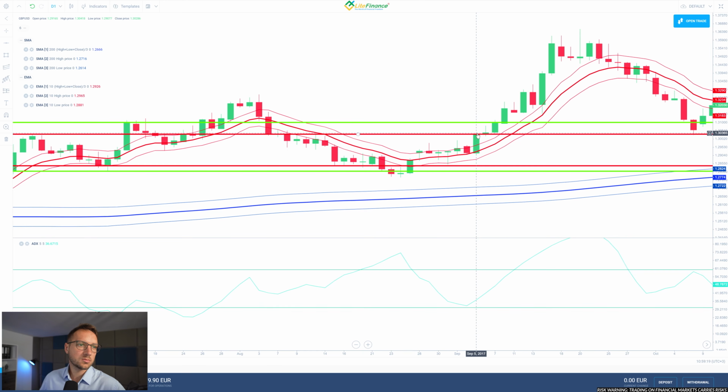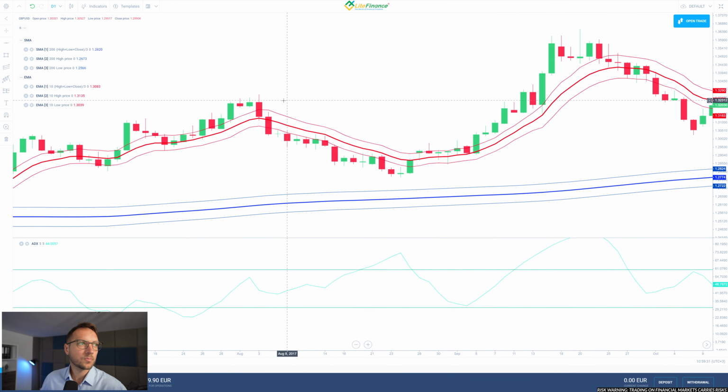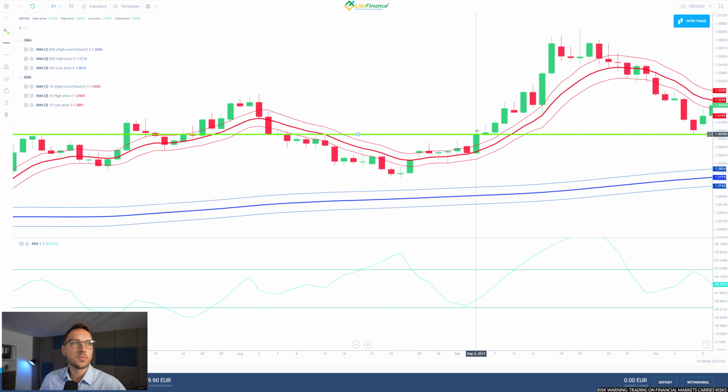But this one would be. Okay, but let's delete the lines because they made a mess. Okay, so here you have further down the line another example. We are entering here.